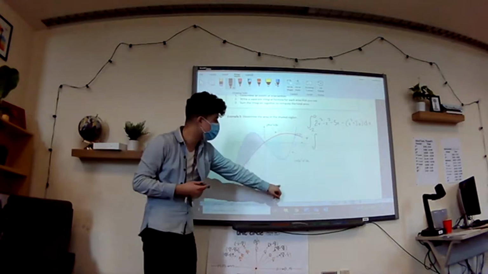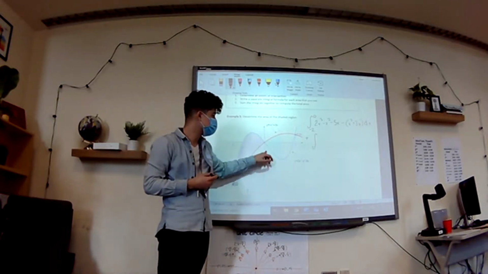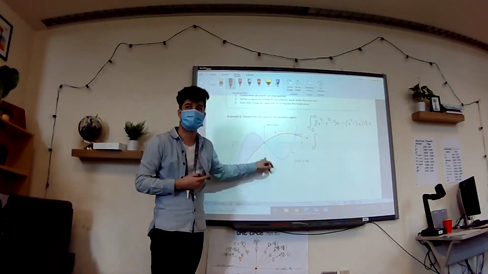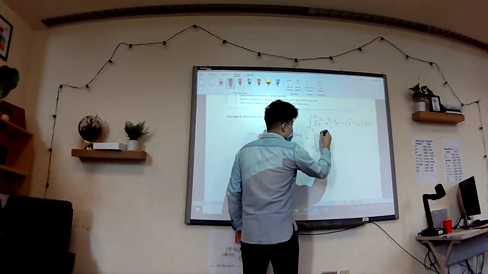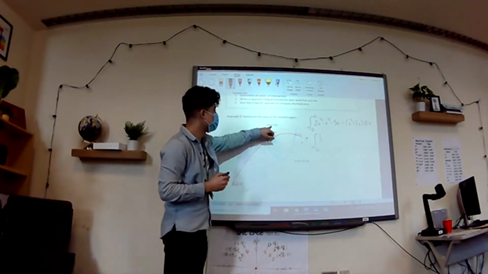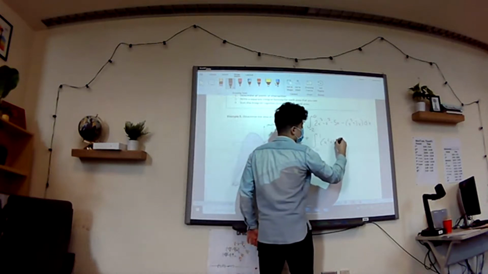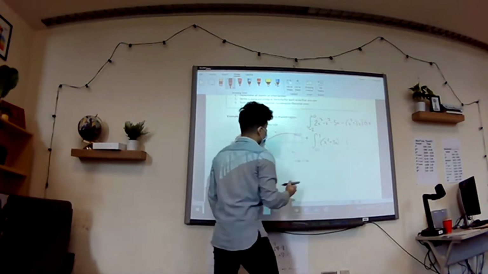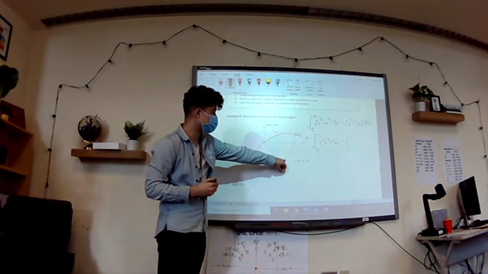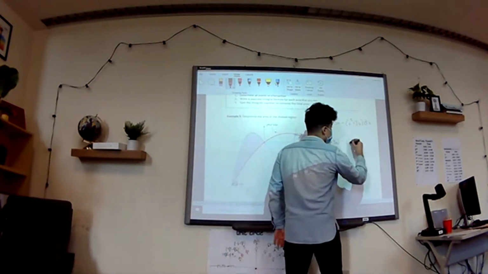From 0 to 1, it looks like. 0 to 1. Okay, of top function is red, which is this x squared one, minus bottom one is this blue one, 2x cubed.